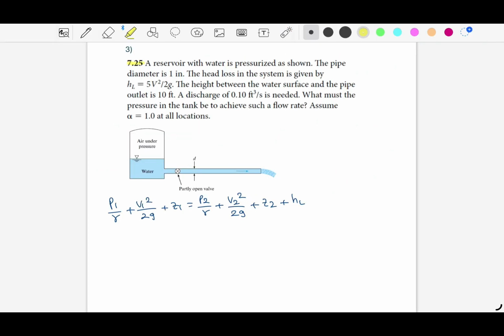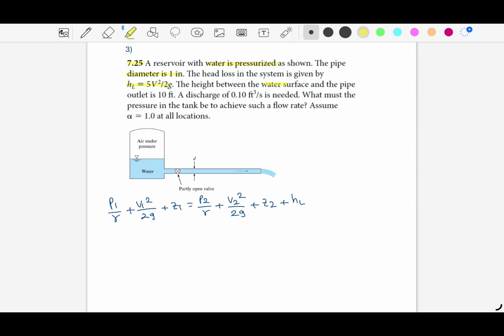This is question 7.25. Here we have a reservoir with water that is pressurized. So even though we took this point as reference, the pressure is not 0 because it is under pressure. The pipe diameter is 1 inch and the head loss in the system is 5V square over 2G.